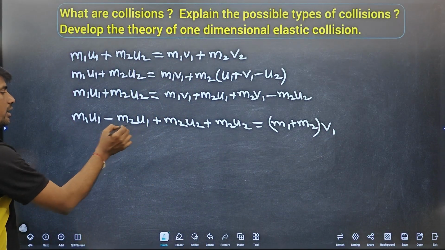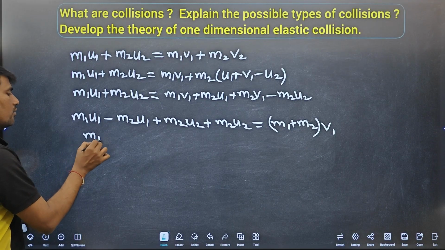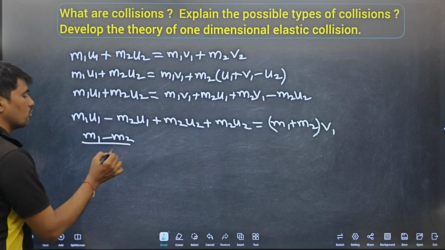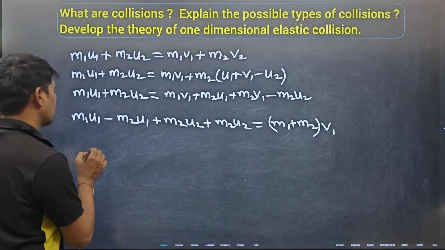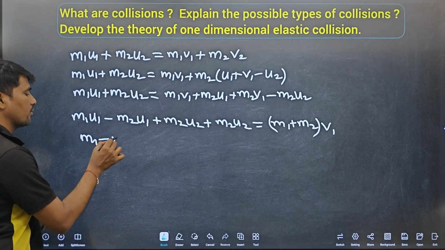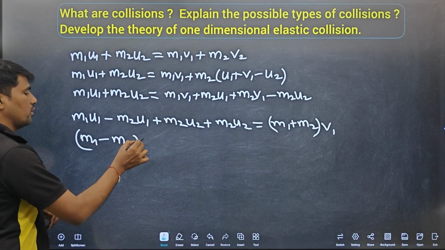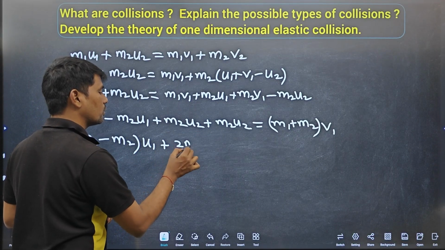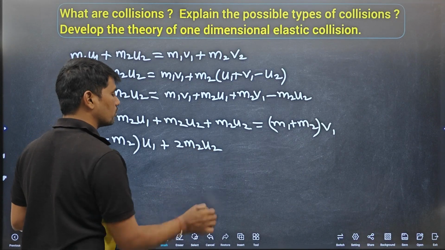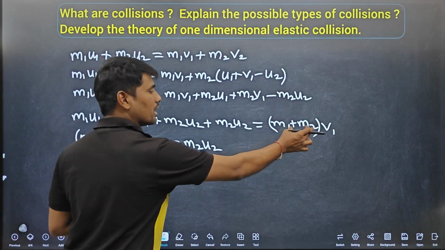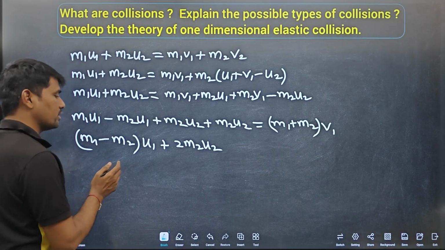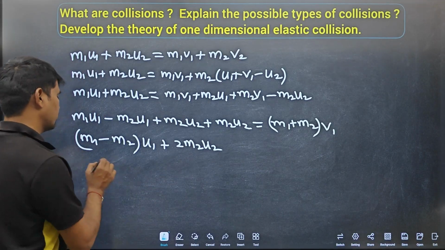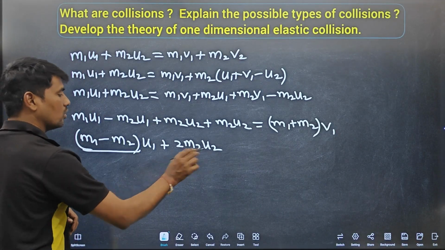So here we can take out u1 as common: m1 minus m2 into u1, plus m2 u2 plus m2 u2, that is 2 m2 u2. We can transpose this m1 plus m2 to the other side, so it divides both terms directly.